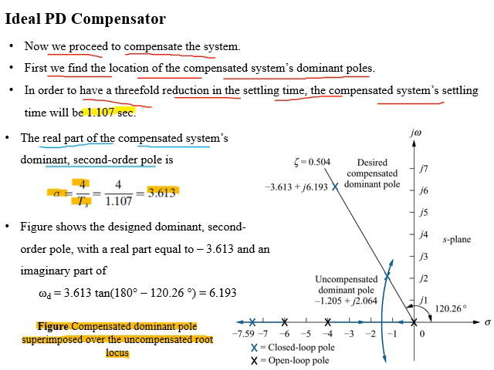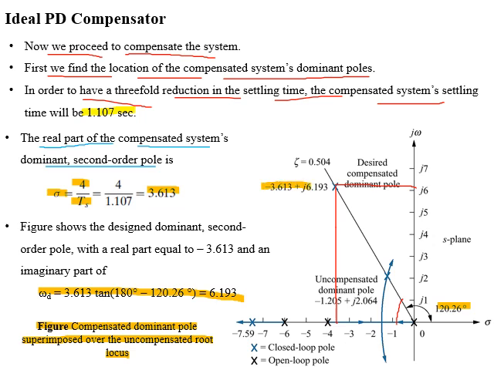So we will have a right angle triangle, and the imaginary part for the dominant pair of poles will be equal to 3.613 tangent of 180 degrees minus 120.26 degrees, and this will give us a damped frequency of oscillation equal to 6.193.